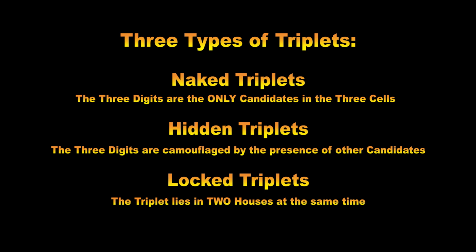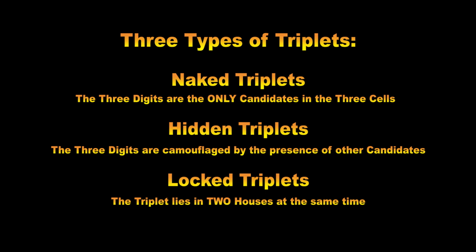A naked triple is one in which the 3 candidates are the only candidates in the 3 cells. A hidden triple is when the 3 candidates are contained in exactly 3 cells of a particular house, but they are camouflaged by the presence of other candidates. And a locked triple is simply a naked triple that lies in 2 houses at the same time.